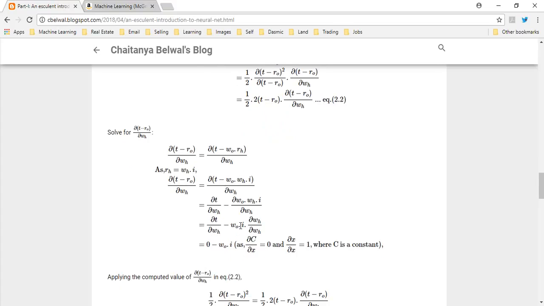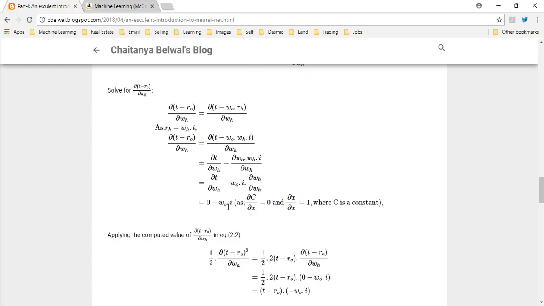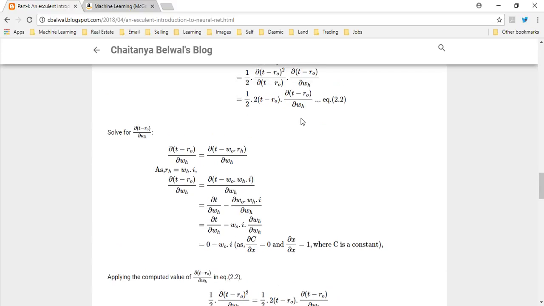Going further down, deriving this, now WH upon the derivative of WH, if we treat WO and I as constants, they come out of the partial derivative as shown here, and the derivative of WH by WH is basically 1. So again, as before, the partial derivative of T with respect to WH is 0 because T is a constant, and the value becomes minus WO dot I, where WO is the weight of the output layer. So let's put this value in equation 2.2.